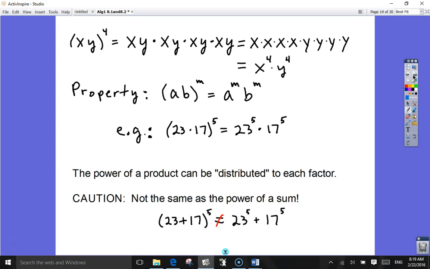So the property is this, and it works with more than just two factors inside parentheses. If you have parentheses raised to a power, you can bring that exponent in on all the factors in there. This was the example you copied: 23 times 17, to the fifth, would be 23 to the fifth, 17 to the fifth.